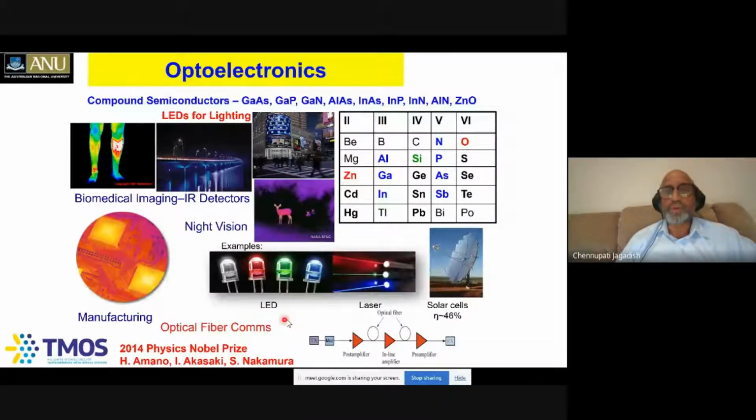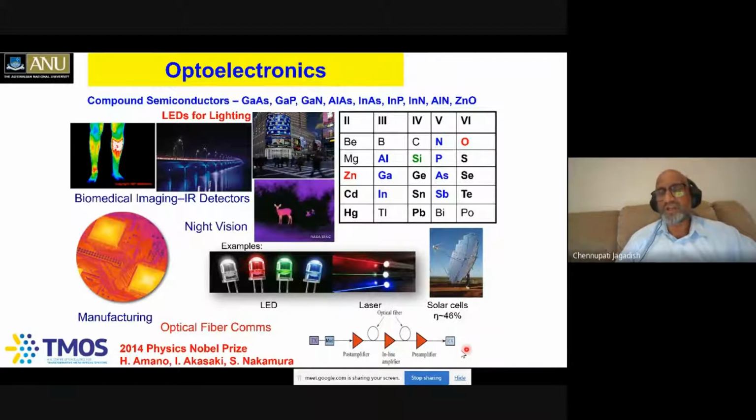Also today I'm able to talk to you because of the internet and optical fiber communications. The electrical signals from my computer are translated into optical signals using lasers. Using a modulator, we switch on and off and send the information through the optical fibers, and they get amplified using optical amplifiers.